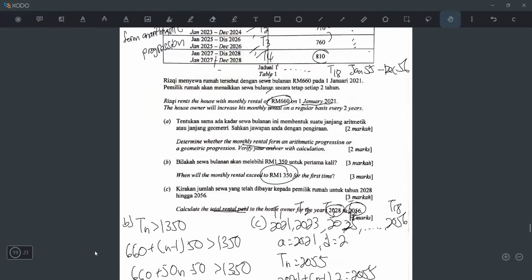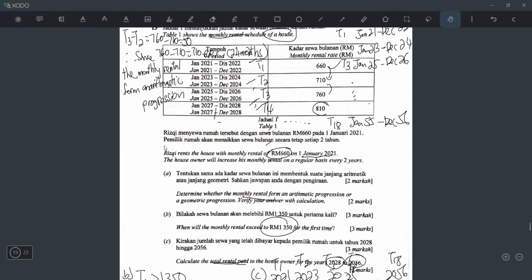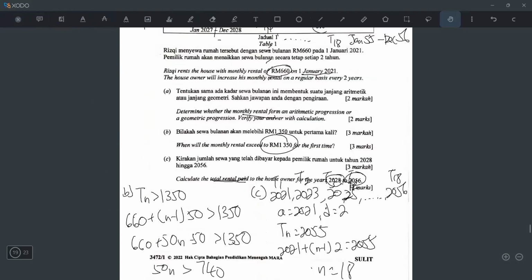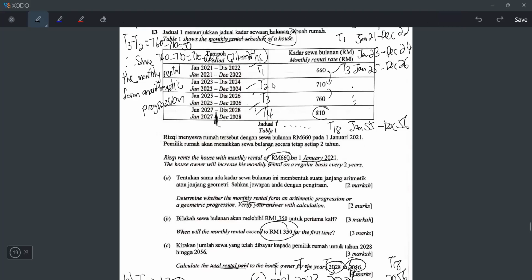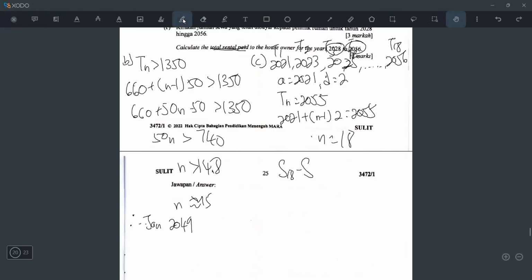Sum of 18 terms minus with sum of, because he stays 2028, right? So how? Because 2028 is halfway here. So I have to minus with, okay, let's minus with S4 first lah. And then this one we calculate separately later. Because this one he stays halfway, right? So I think I will take S18 minus S4 first.